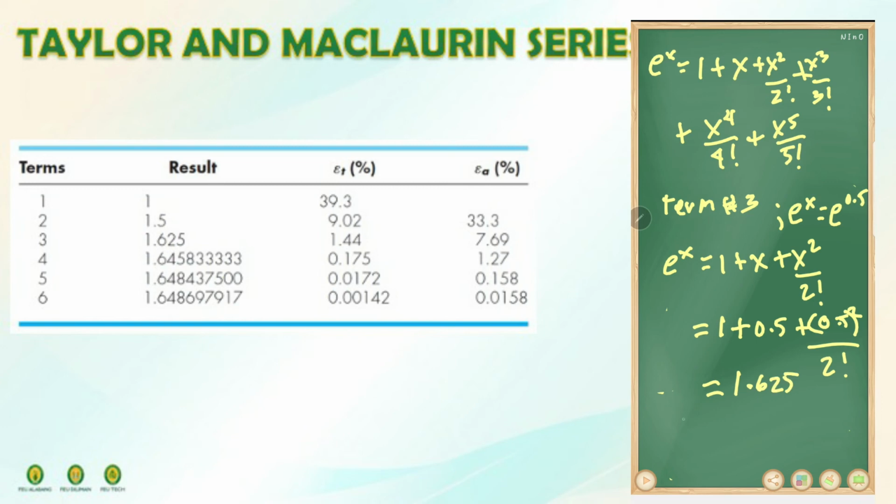Same procedure for the epsilon of t: we have 1.625 minus e raised to 0.5 all over e raised to 0.5. This one is equal to 1.44. For epsilon of a, we have current, which is 1.625, minus previous, which is 1.5, all over 1.625, which is our current, resulting in 7.69%. So how about for term number 4?